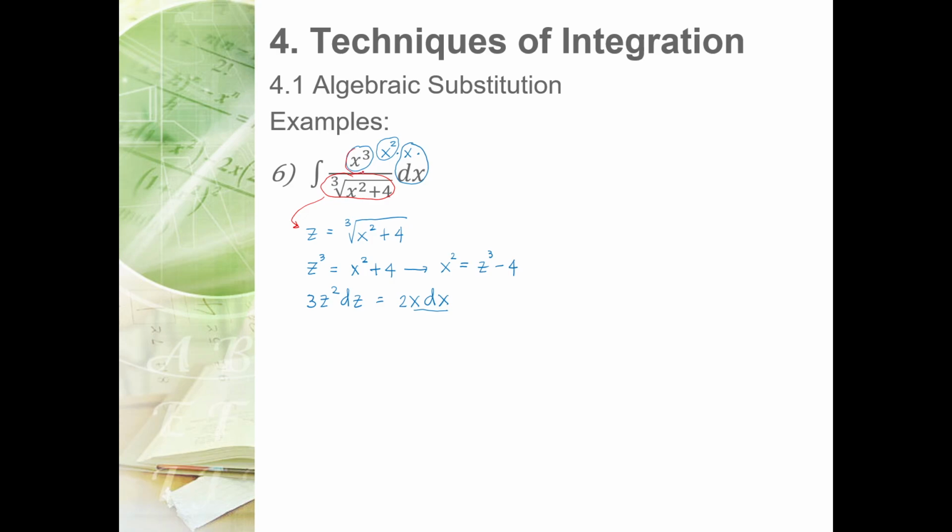So instead of x cubed, we have to get portions of x cubed and create it as x squared times x dx. So x squared becomes z cubed minus 4, and then x dx. So let's continue. So this one is 3 halves z squared dz equal to x dx.